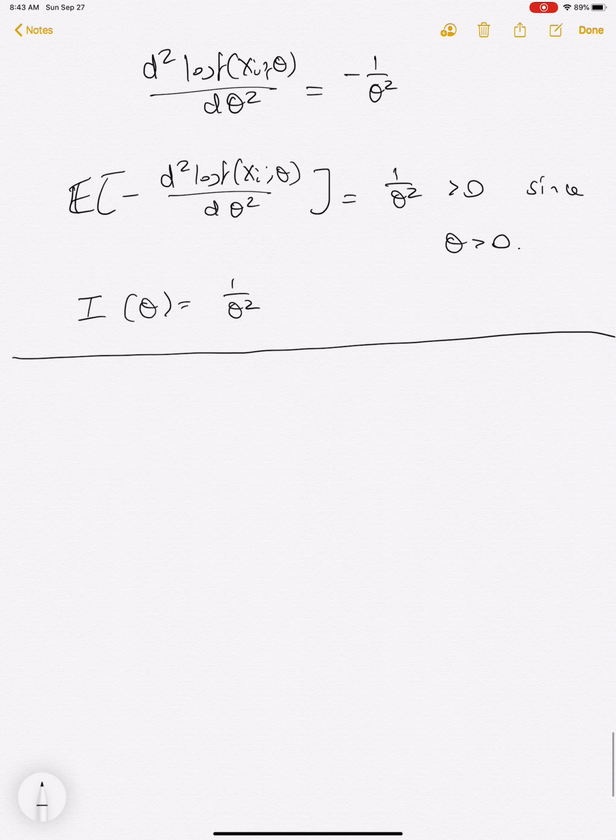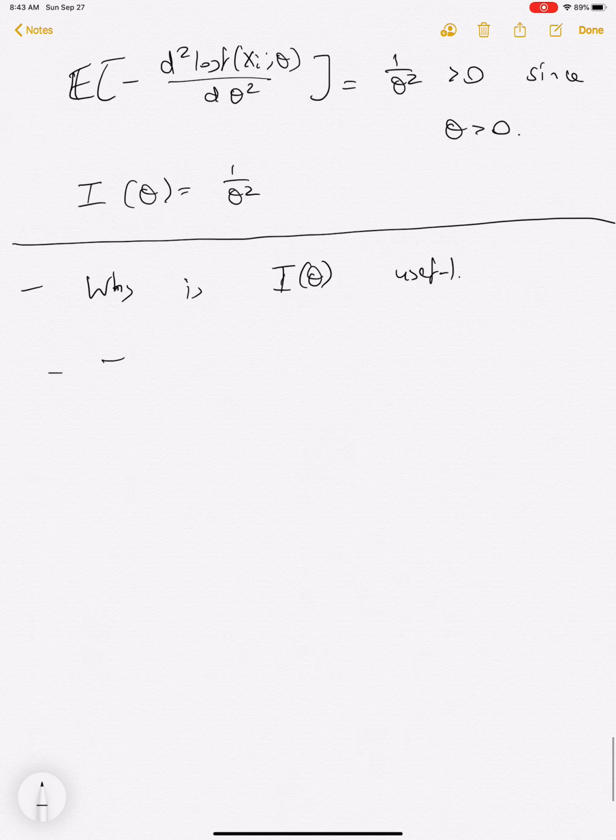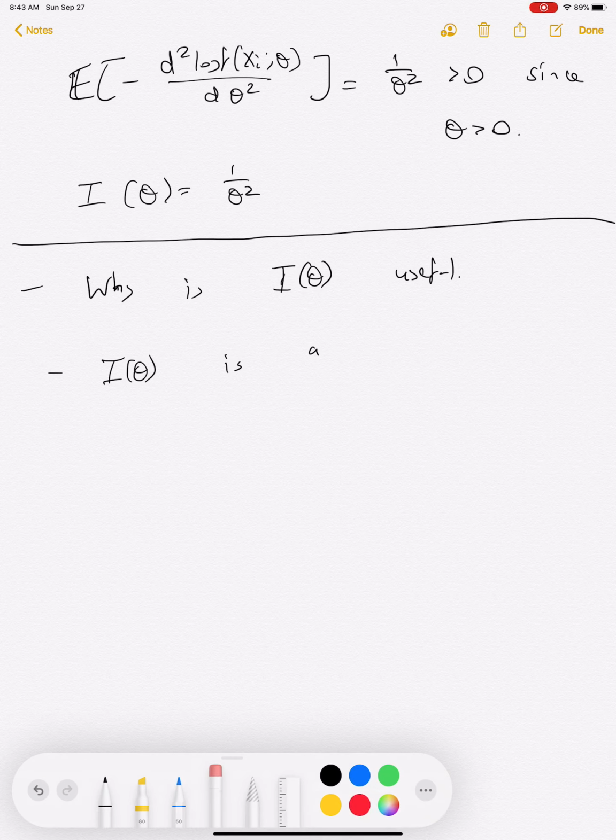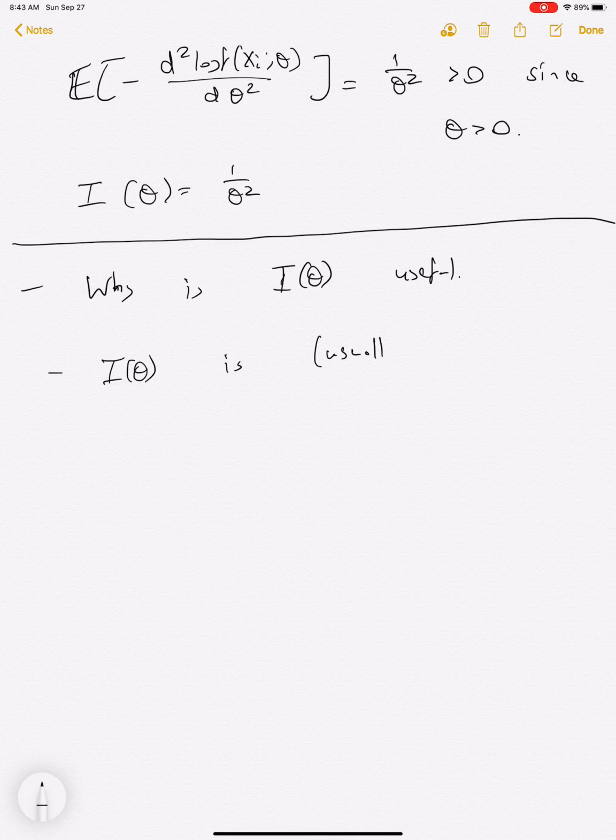But the more relevant question is, why is this concept useful? It turns out that I of theta is usually, because there are some conditions which we won't go too far into, the asymptotic variance of theta hat ml.